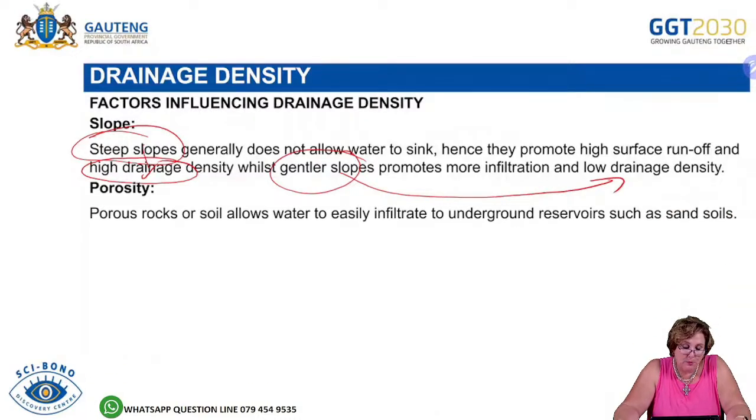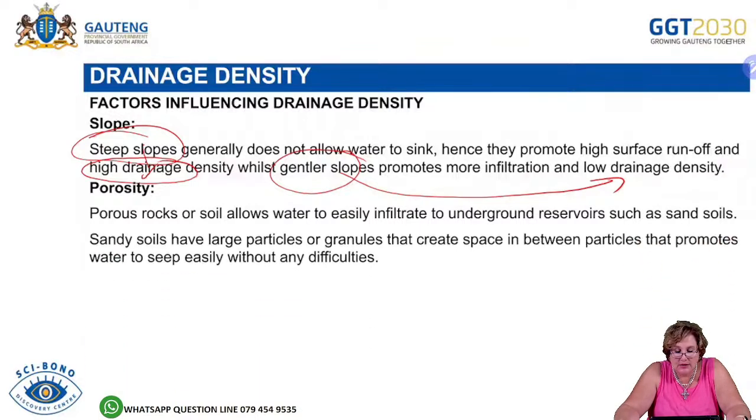Then there's a word, porosity. Porous rocks or soils allow water to easily infiltrate to underground reservoirs, such as sandy soil. Sandy soils have large particles or granules that create space in between, so water can easily infiltrate without any difficulty.